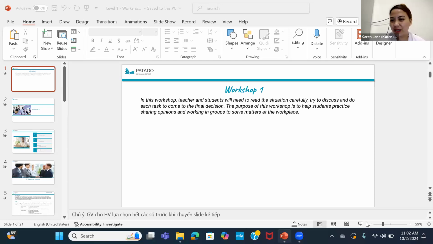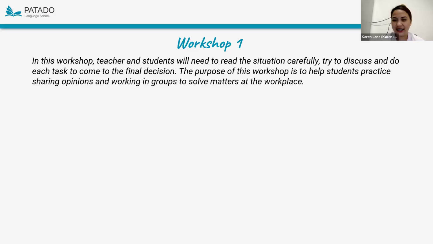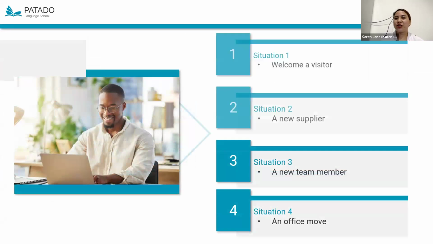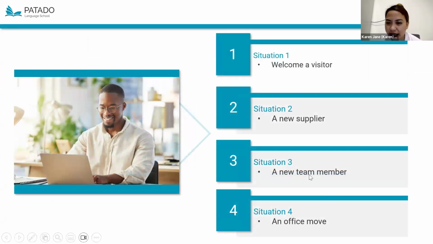Lesson. So today we'll be doing workshop 1. We are going to talk about 3 or 4 situations here. Let me hide my meeting controls. Okay, can you see my screen now?